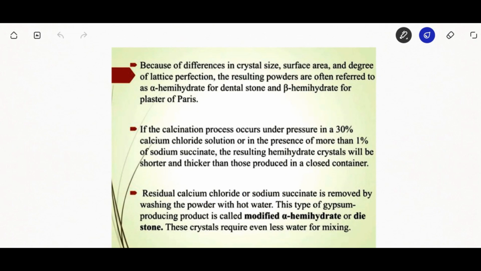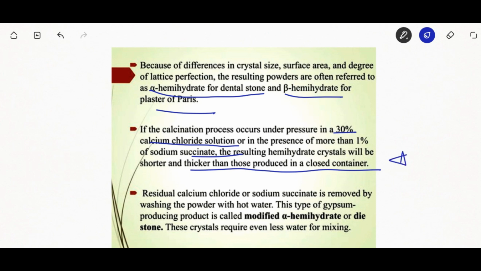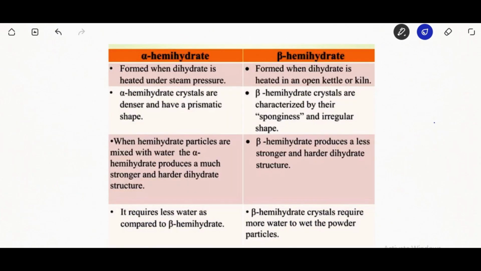Because of the difference in crystal size, surface area and degree of lattice perfection, the powders are referred to as alpha hemihydrate, that is the term we use for the dental stone, and beta hemihydrate for the plaster of Paris. Now what is the difference between the alpha hemihydrate and the beta hemihydrate? The alpha hemihydrate is formed when the dihydrate is heated under steam pressure, whereas the beta hemihydrate is formed when the dihydrate is heated in an open kettle or a kiln.